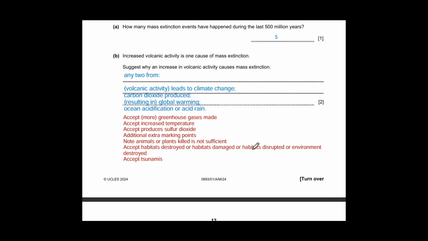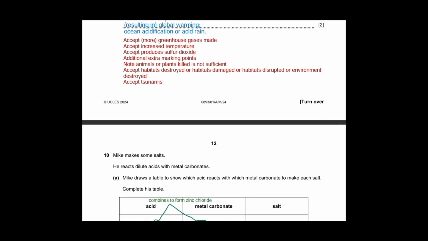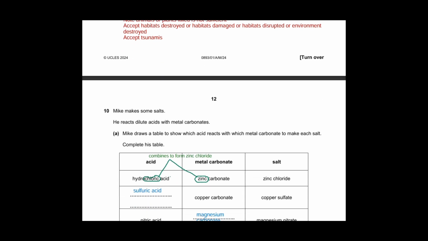Looking at it, one thing that happens with volcanic eruption is that the climate will change, and more carbon dioxide will be produced. That will give rise to what we call global warming, or we can say greenhouse gases are produced, greenhouse gases like carbon dioxide. I hope you remember. All right, so that is enough to answer the question. Varieties of answers may be correct as shown in the marking scheme.